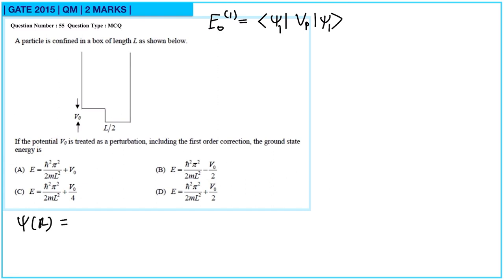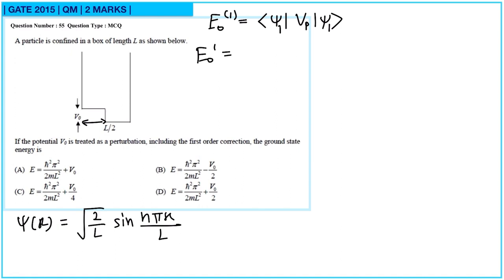Now psi of x for a particle trapped in one dimensional box is under root 2 by L, then sine of n pi x by L, n pi x upon width, which is L here. So if we put n is equal to 1, we will have just sine pi x by L. Now this perturbating potential is only in this region, otherwise it is 0.